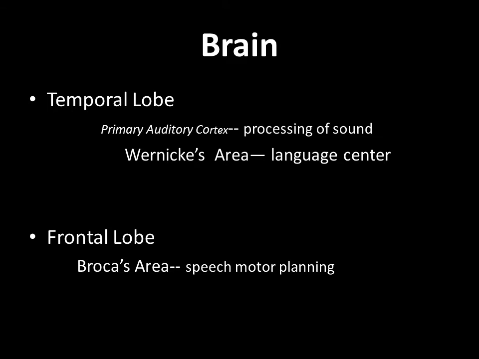Remember, Wernicke's area is located here and is considered the primary language center, where language is processed. That language then transmits to the frontal lobe, where motor functioning takes place, in the area called Broca's area. We call this the speech motor area of the brain. I recommend that you read more about these functions in your textbook.